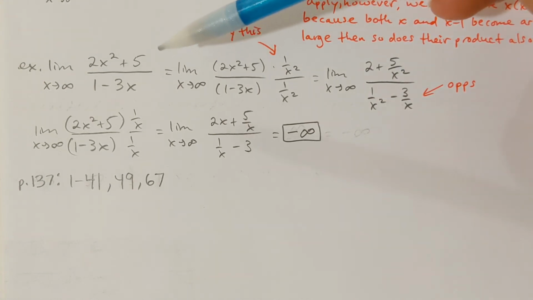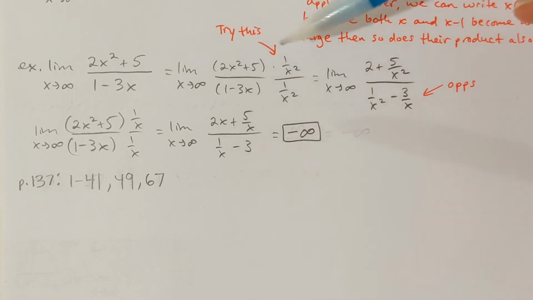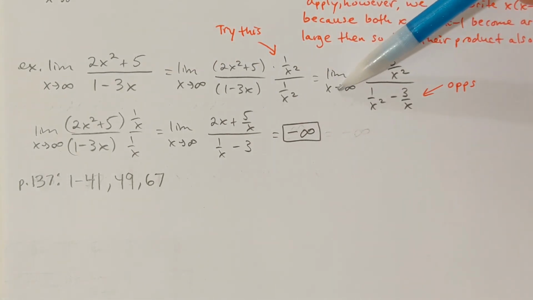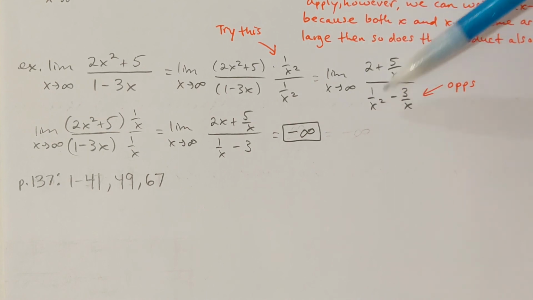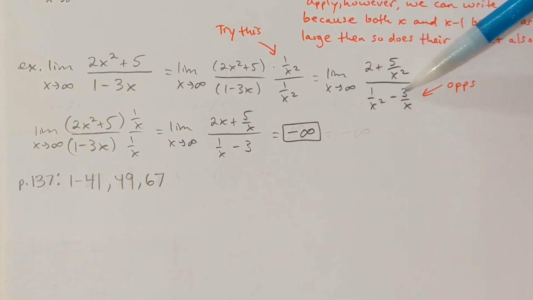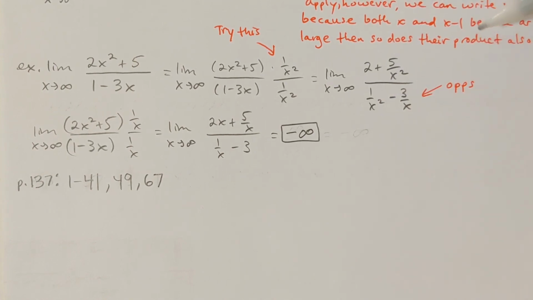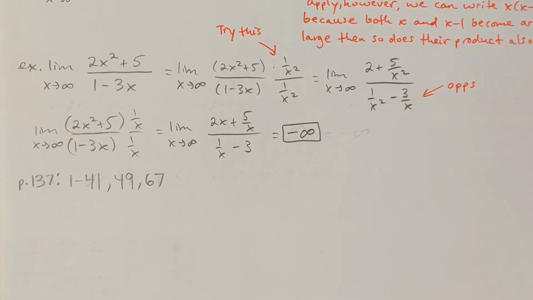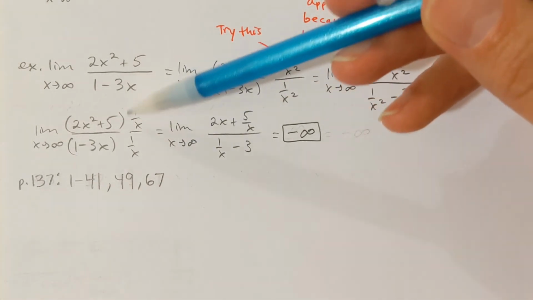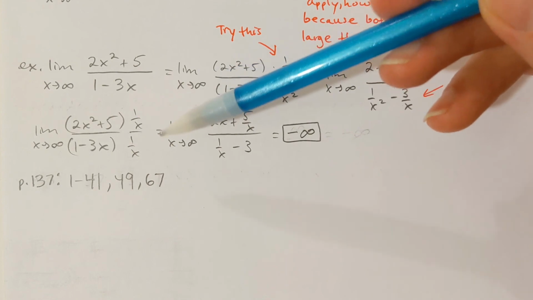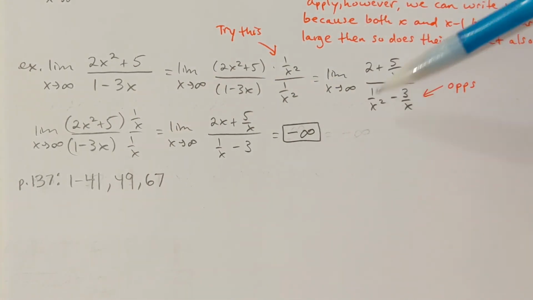Okay, so like in this problem, I wouldn't want to multiply the top and the bottom by 1 over x squared, because the limit as x approaches infinity of 1 over x squared is 0. The limit as x approaches infinity of 3 over x, that's 0. That'd be an oops. You can't divide by 0. Okay, so there is some strategy in this, in that when we think of the multiplier here, we also can't divide by 0.